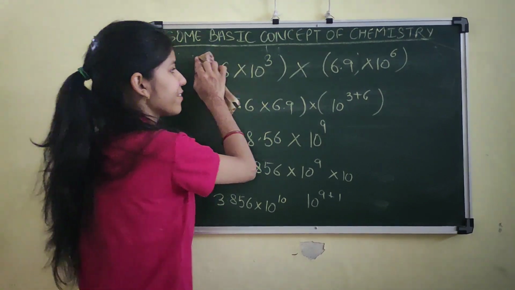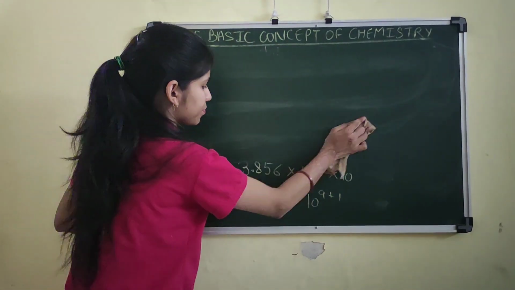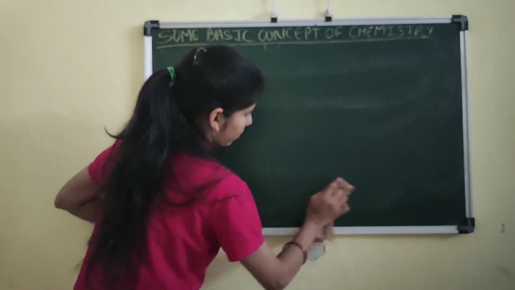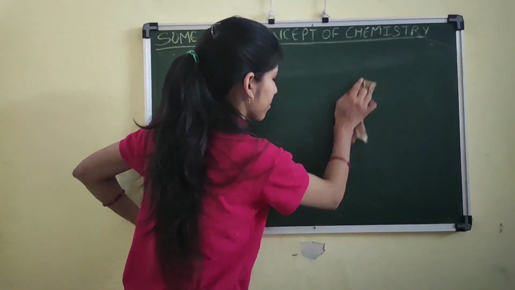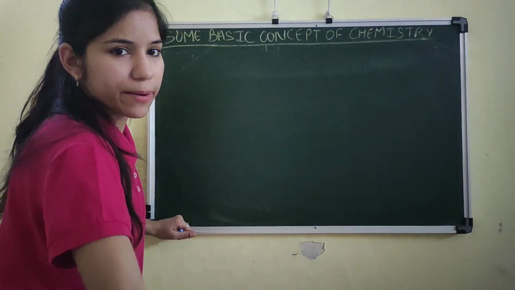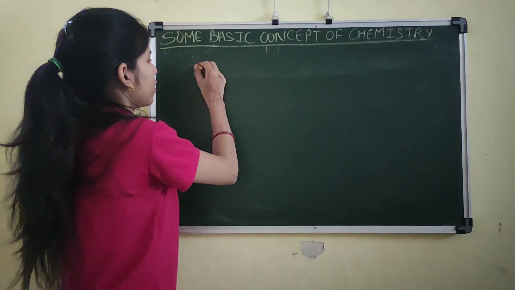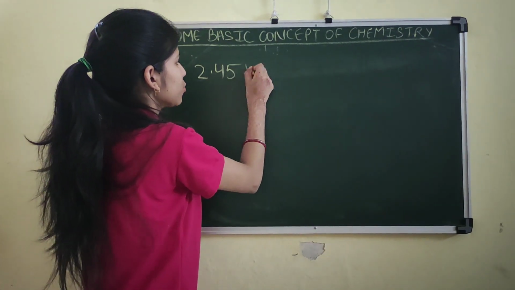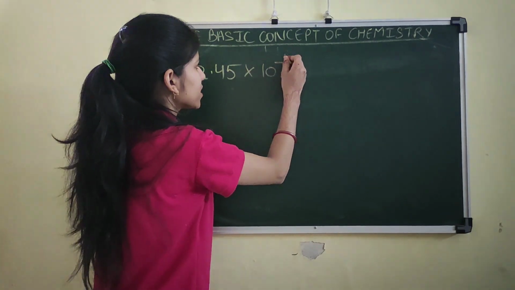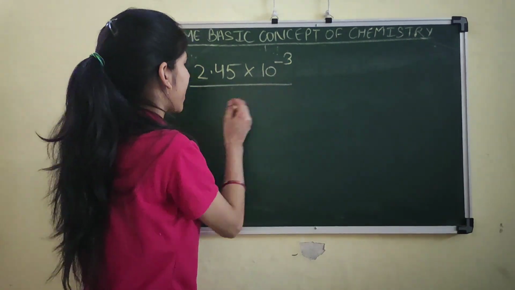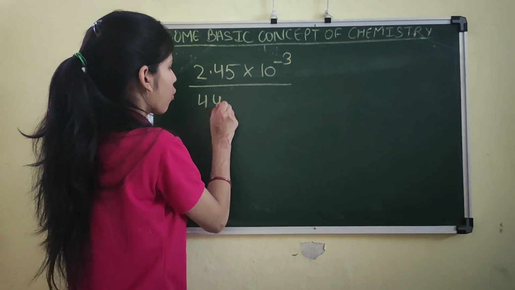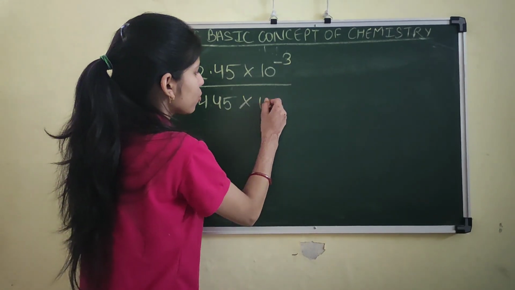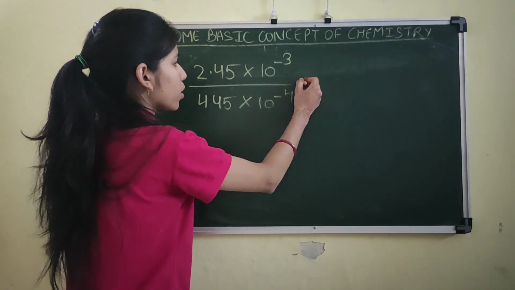Now we study the division method. As in multiplication, we divide these terms: 2.45 into 10 to the power minus 3 divided by 4.45 into 10 to the power minus 4.